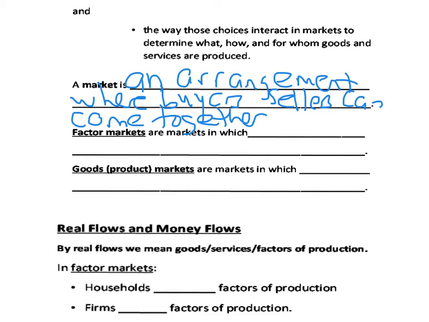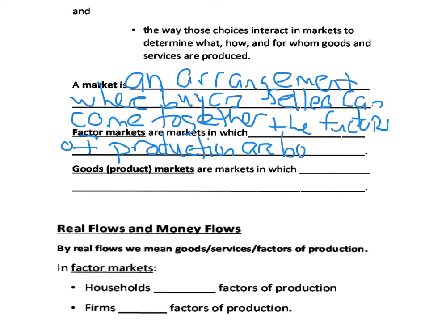So factor markets are markets in which the factors of production, which are land, labor, and capital, are bought and sold. And a product market, this is sometimes called a goods market, but a product market is for goods and services, and this is a market where goods and services are bought and sold.